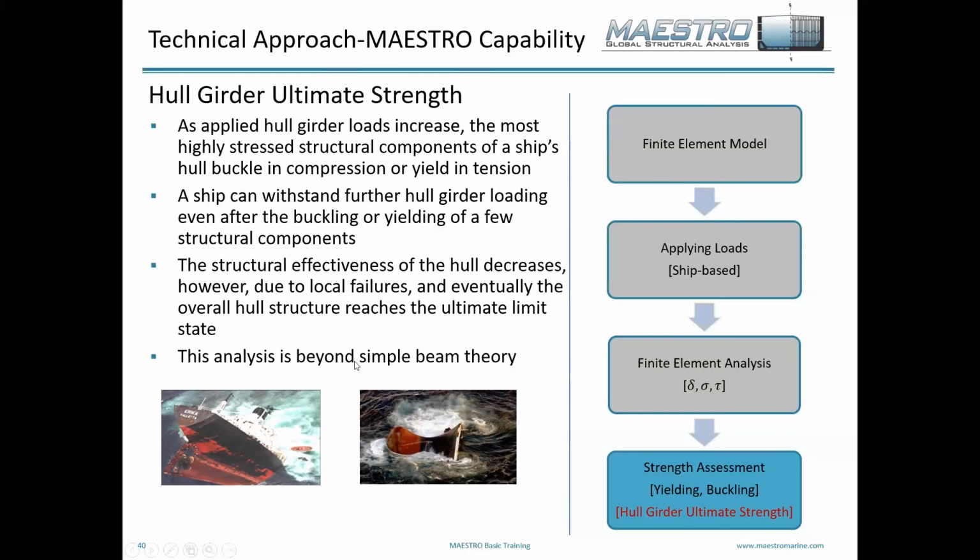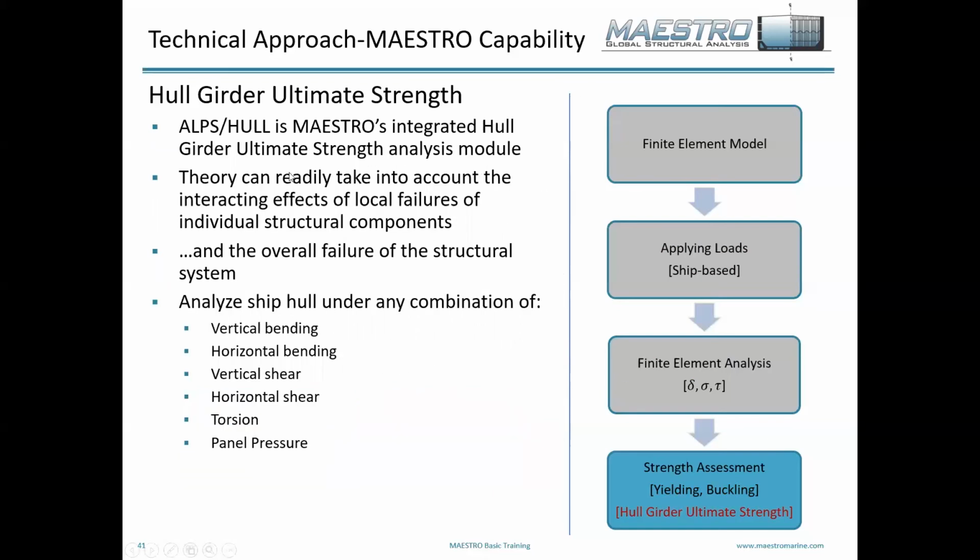But this is well beyond simple beam theory. And when running this hull girder ultimate strength, this theory will take into account all of the multiple local failures and incorporate them into the overall system.